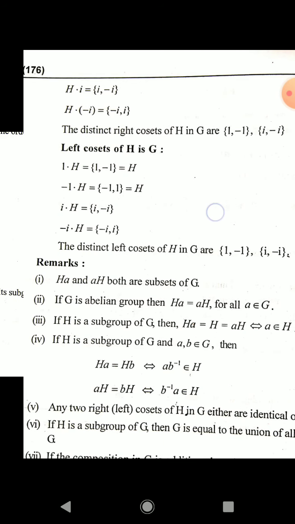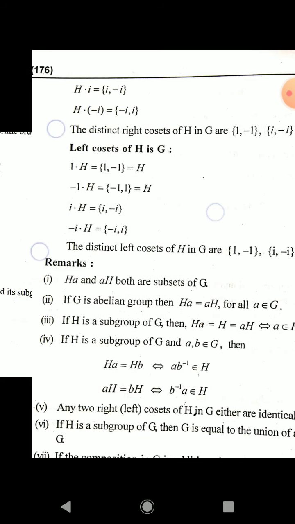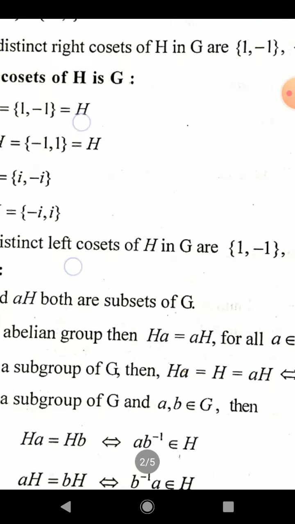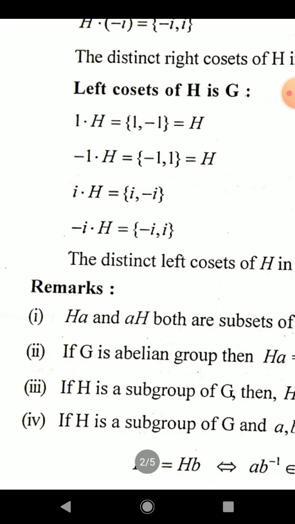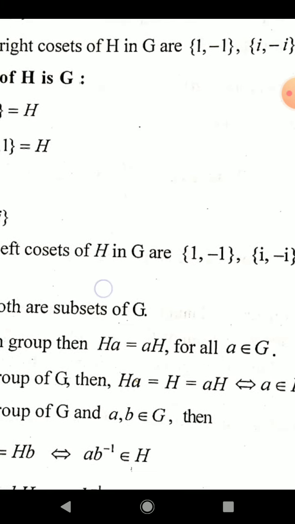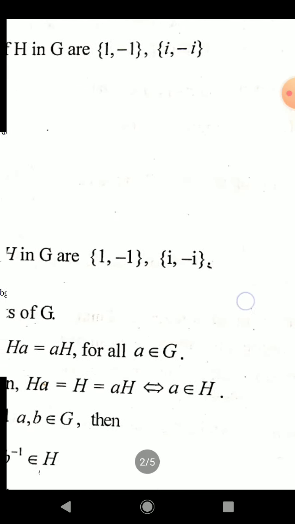Now similarly we can find the left cosets. To find the left cosets, we have to multiply by 1 on the left side of the elements of H, and in a similar manner we can obtain the left cosets as {1, minus 1}, {minus 1, 1}, {I, minus I}, {minus I, I}. Means in general there are 4 left cosets, but out of these 4, the first 2 are the same and the last 2 are the same, means there are only 2 distinct left cosets.